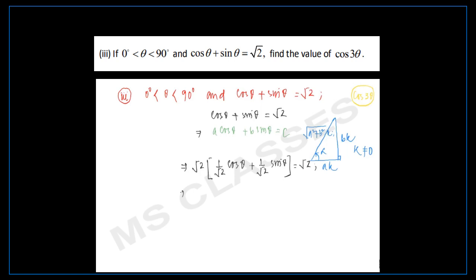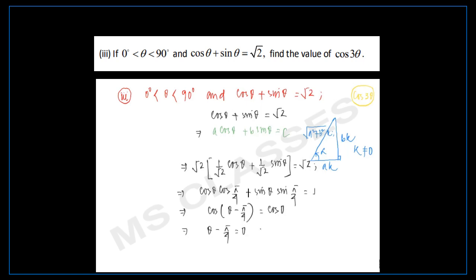This gives us cos theta cos pi by 4 plus sin theta sin pi by 4 equal to 1. Cos(theta minus pi by 4) equal to cos 0. This gives us theta minus pi by 4 equal to 0.